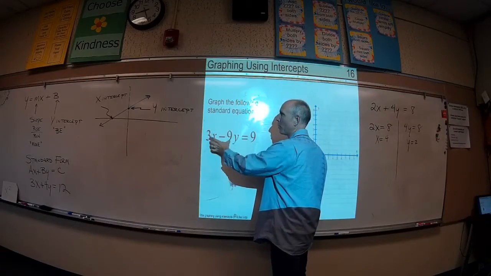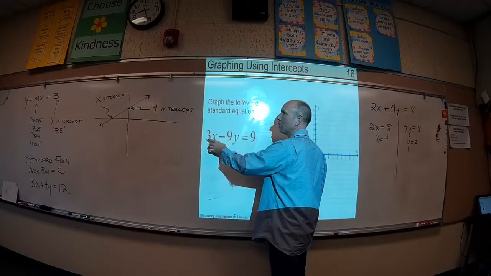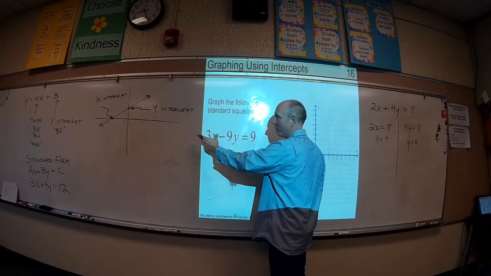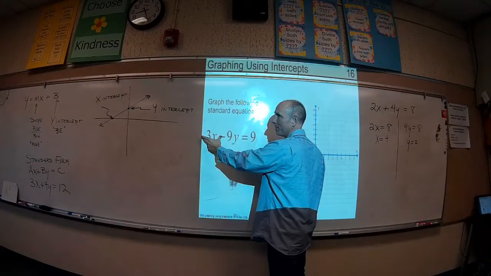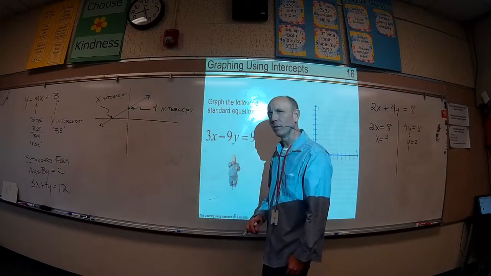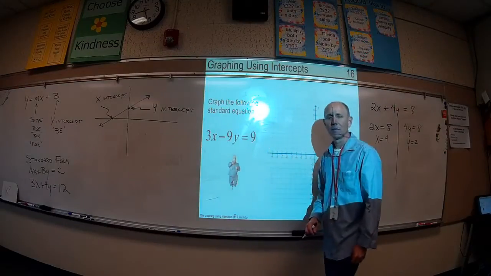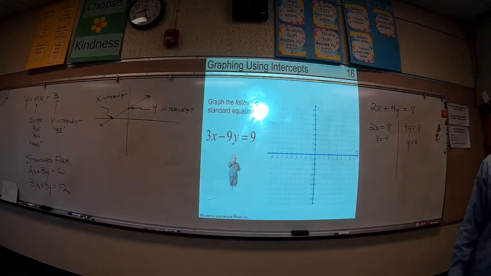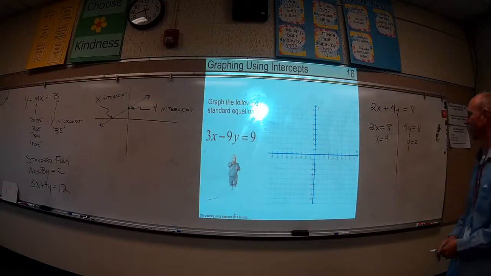Actually, the slope is wrapped up right here. If these are both positive, it's a negative slope. If they're both negative, it's still a negative slope. If the signs are different, it's going to be a positive slope. Yeah, but don't just memorize silly rules like that. Be able to work through the problem.